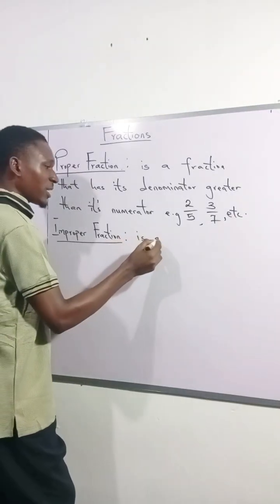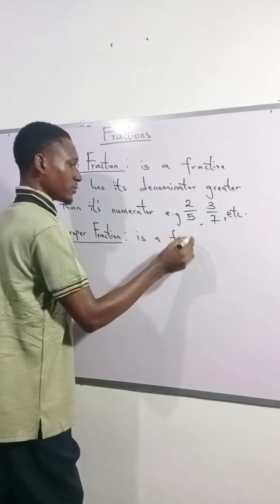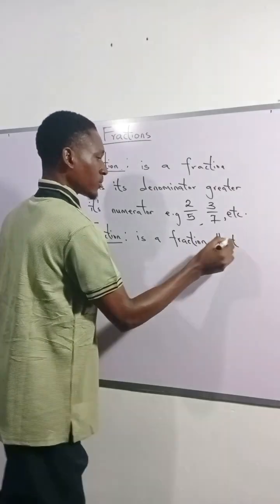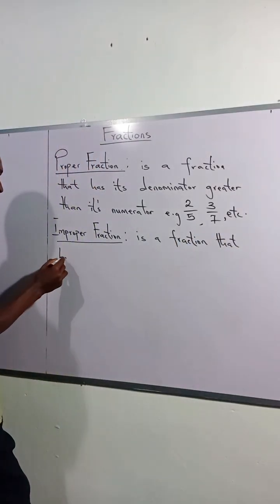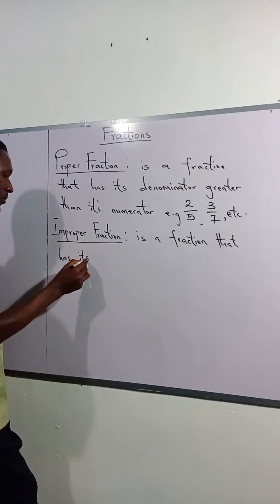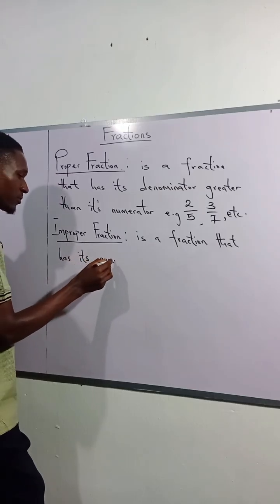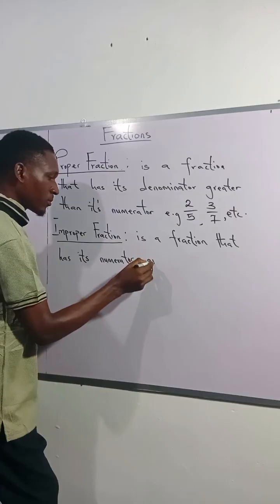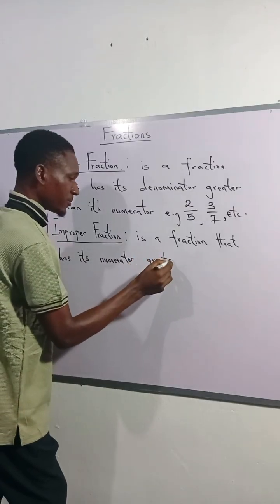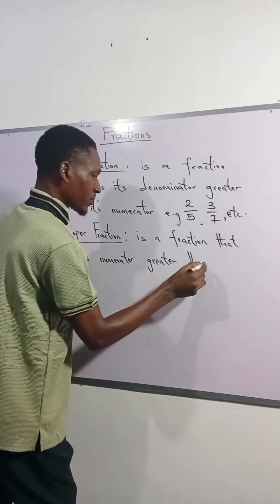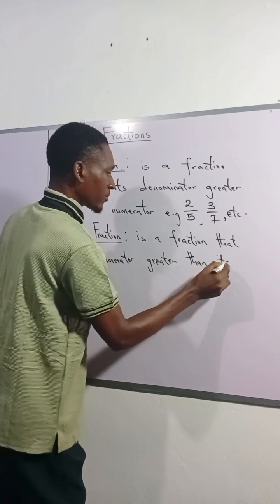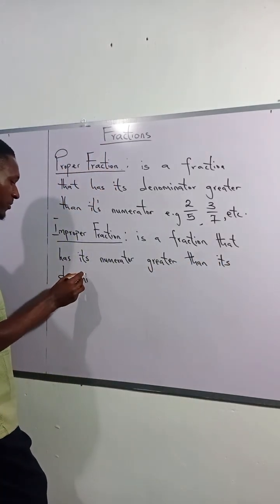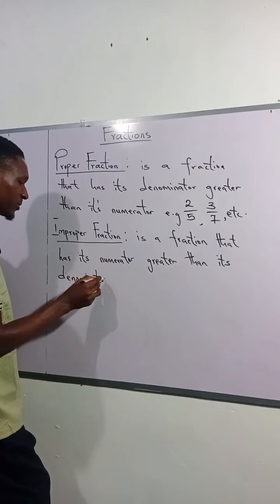So this one is a fraction that has its numerator greater than its denominator, and you also give examples.